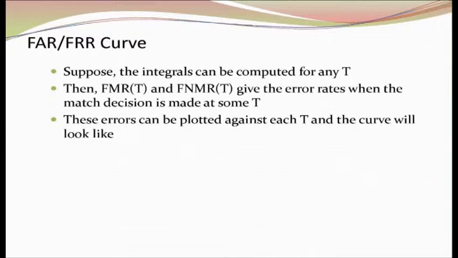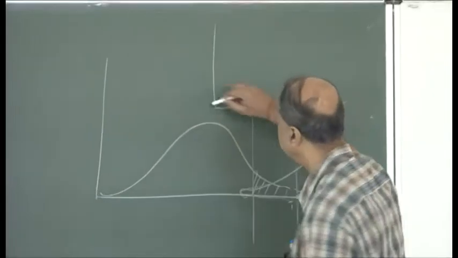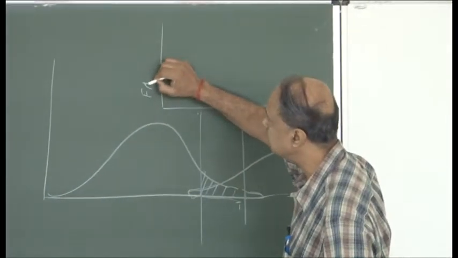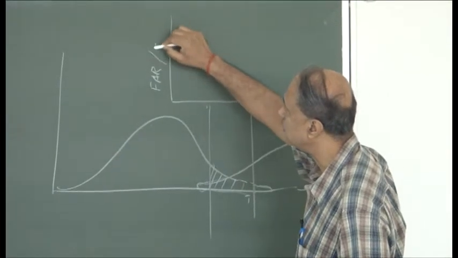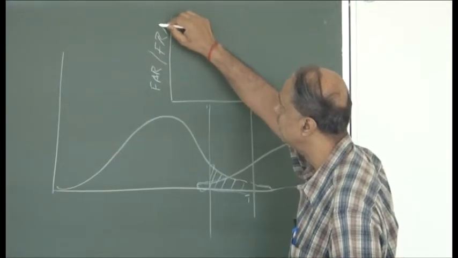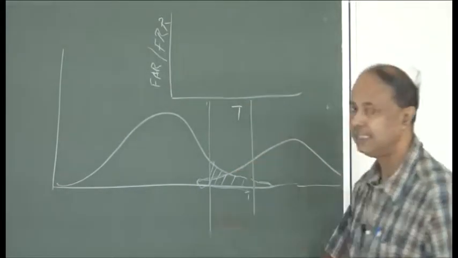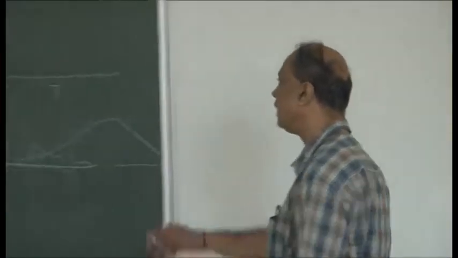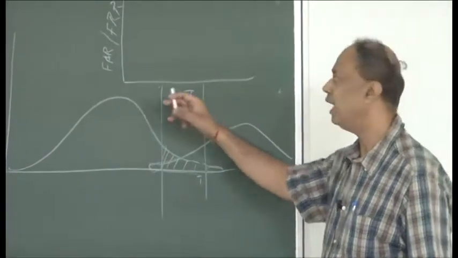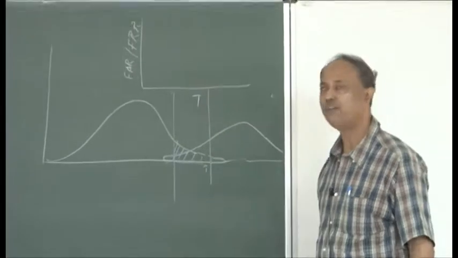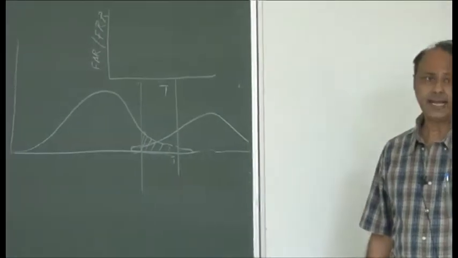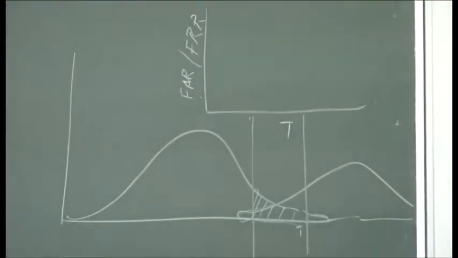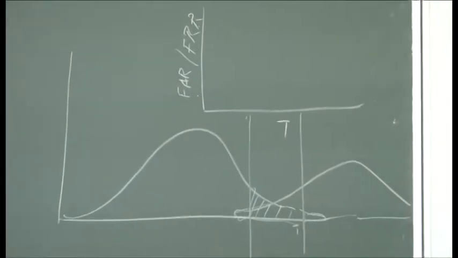Right. Now, if I draw, I can have two graphs. Here it can be false acceptance rate or false rejection rate, and here I have T, the threshold. I am drawing a graph now with threshold, false acceptance rate and false rejection rate, with respect to the similarity match.